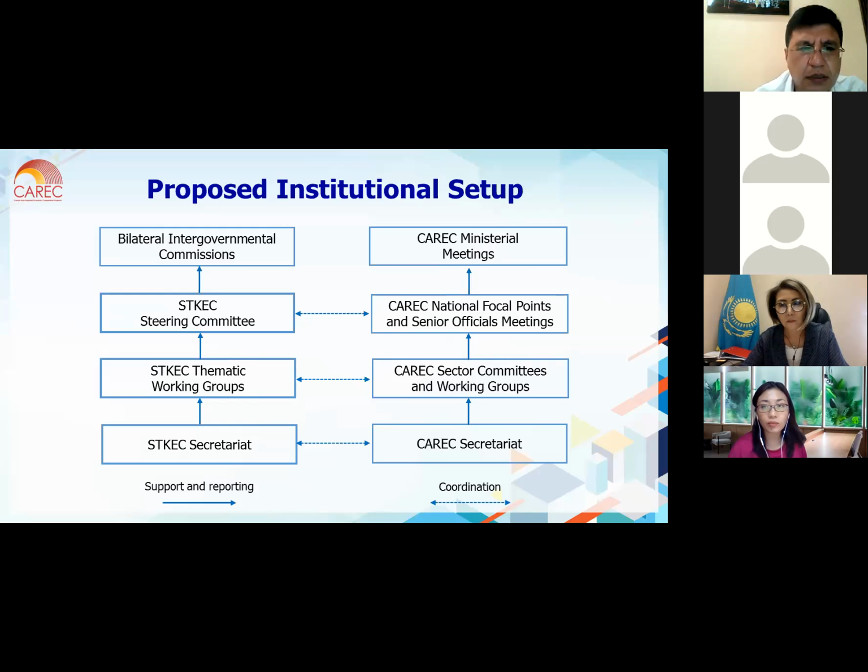There are bilateral intergovernmental commissions between pairs of countries, and we would suggest that the bodies responsible for the development of the Shymkent, Tashkent, Khujand economic corridor be integrated with these intergovernmental commissions.